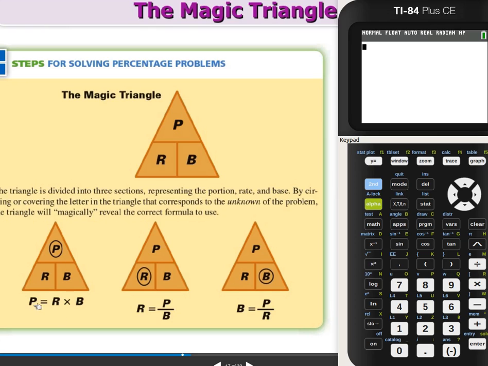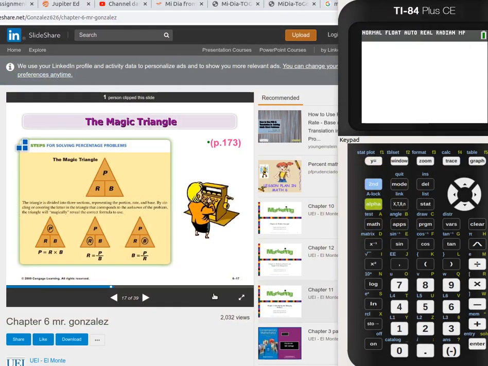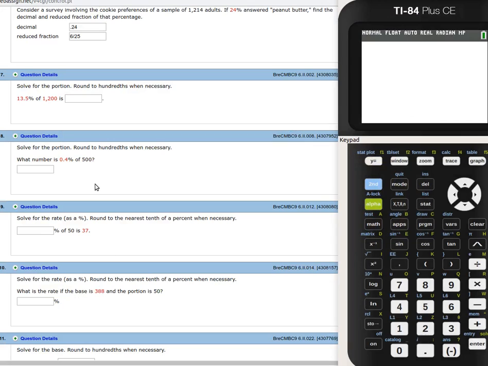But in this case, we're finding the portion. So it's going to be the rate times the base. And the rate is always the thing that has percent. So this is the rate, is 13.5%. The base is 1200. So the portion, it must be the rate times the base.